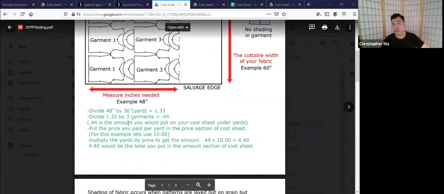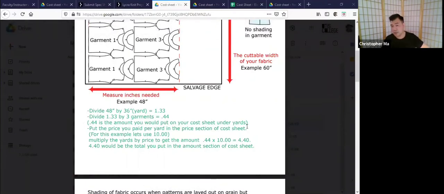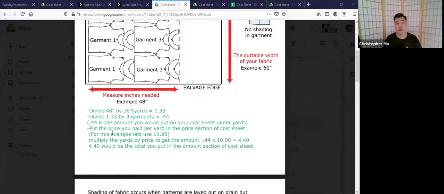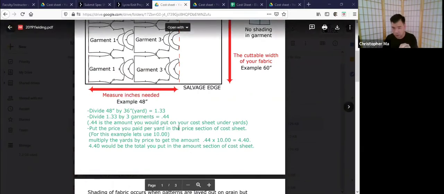So 0.44 is the amount you would put on your cost sheet under yards if this is the fabric you want to use. Then you put the price you pay for the fabric in the second column. You have the yield, which is how many yards per garment, in this case 0.44.